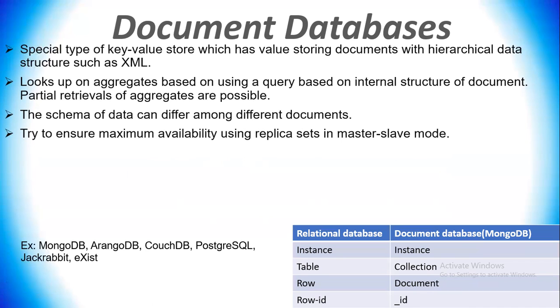In sharding, as the data is distributed, when one node of the whole big cluster is not available and the data that we are searching for is stored in that particular node, then the data is not available to be read or written because of the failure of that node. So there is a probability of failure in sharding, but master-slave replication ensures availability. So document type databases use master-slave replication mode.